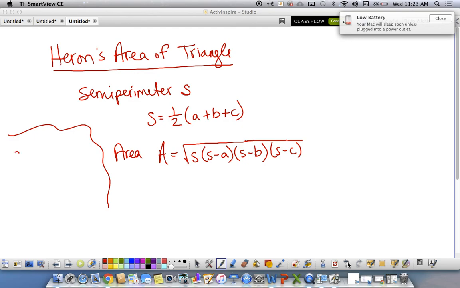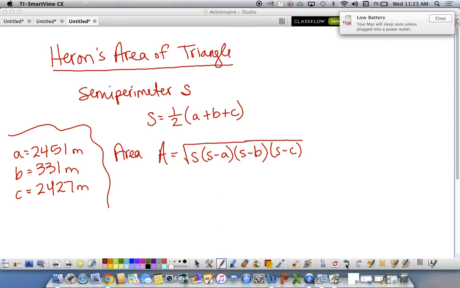If they give us big numbers, A equals 2,451, I'm a little bit dyslexic today, B is simply 331 meters, and C equals 2,427 meters.